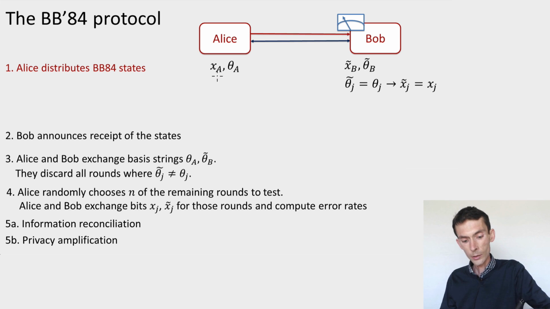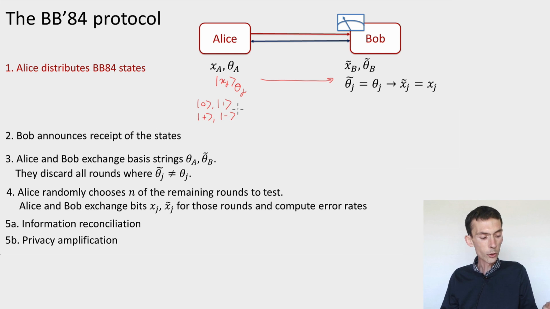So she prepares states xj encoded in the basis theta j and sends that to Bob, where, just to recall, the four BB84 states are the 0 and 1 states in the computational basis and the plus and minus states in the Hadamard basis. And then there's the whole remainder of the protocol.